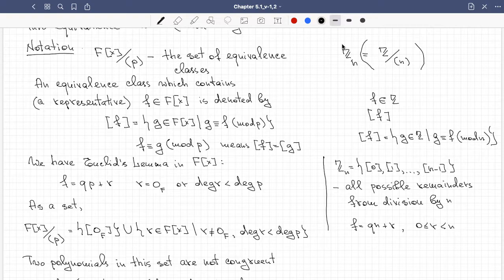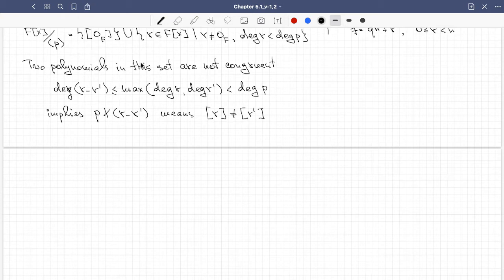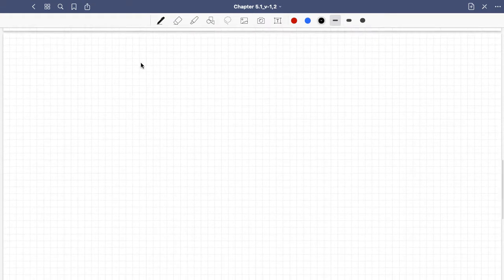Now we will, as we did in the case of Z mod n, introduce operations on this set. These are operations of addition and multiplication.